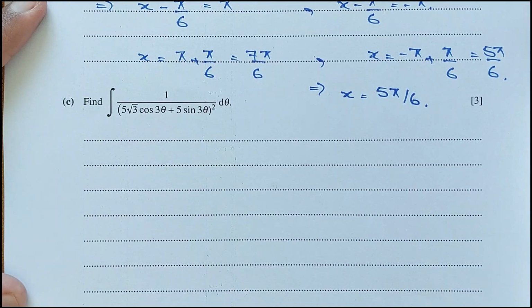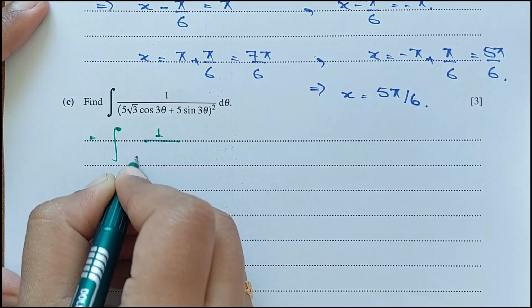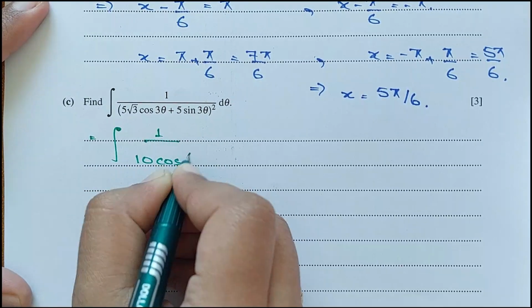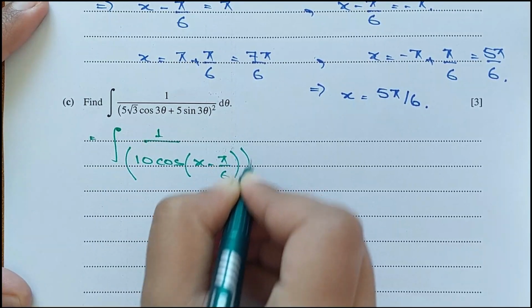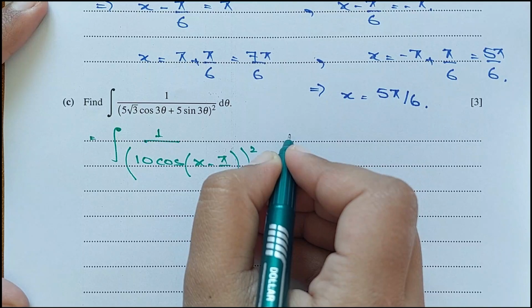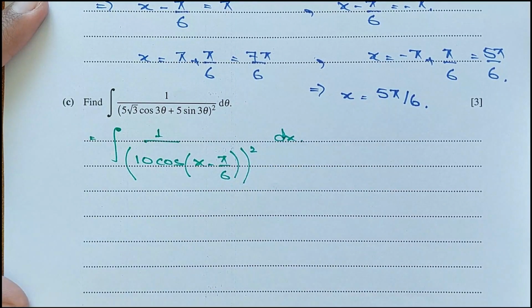Now for part C, find the integral of this function. This function is 1 over (10 cos(x minus pi by 6)) whole squared, and we have to integrate with respect to dx.